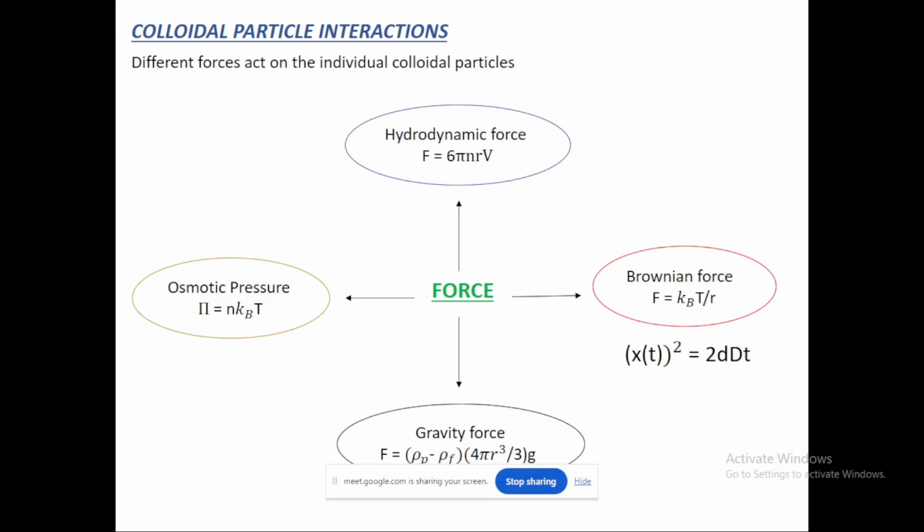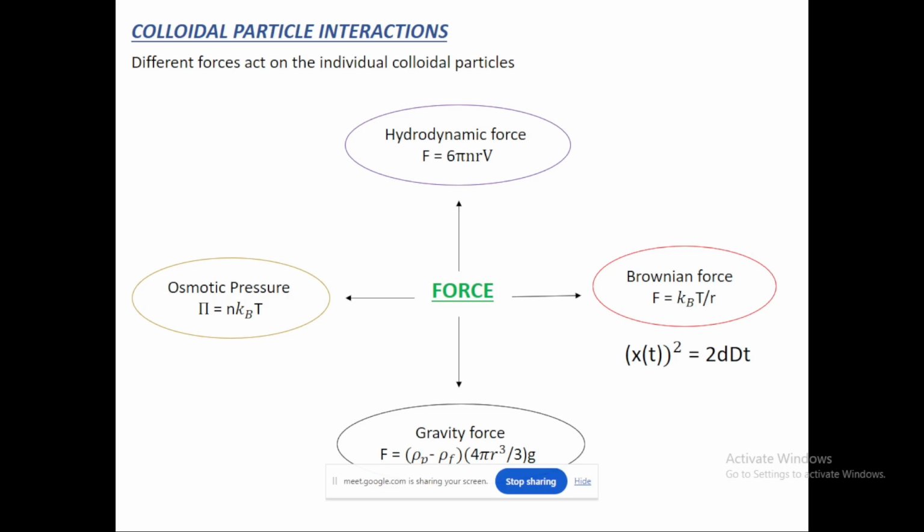Brownian motion is the random motion of colloidal particles due to their thermal energy. Due to the thermal energy they possess, they undergo random movement within the suspending medium. From there originates the Brownian force.